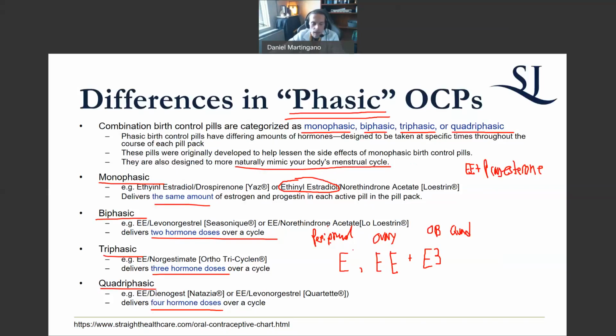The bottom line is that they're all pretty much the same. If you speak to the family planning fellows and specialists, who know this subject the most, they'll tell you it doesn't make a clinical difference. Anecdotally, you'll usually start a patient on something with a lower dose of estrogen and progesterone and see how it goes.